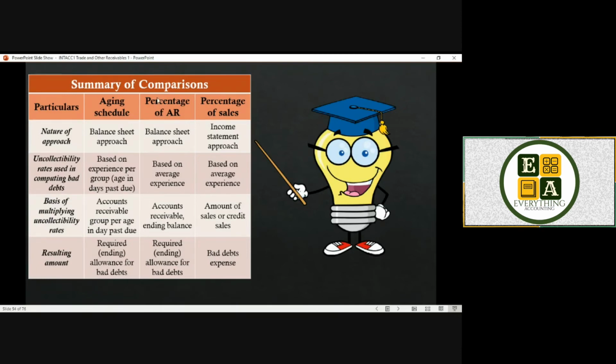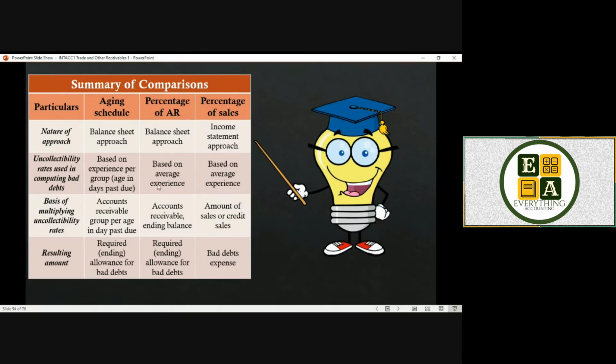Okay? Dito naman sa percentage of AR based on average experience, pero yung percentage of sales based on average experience din. So dito, based on experience per age group, yung dalawa, yung percentage of AR and percentage of sales, average experience for all receivables.